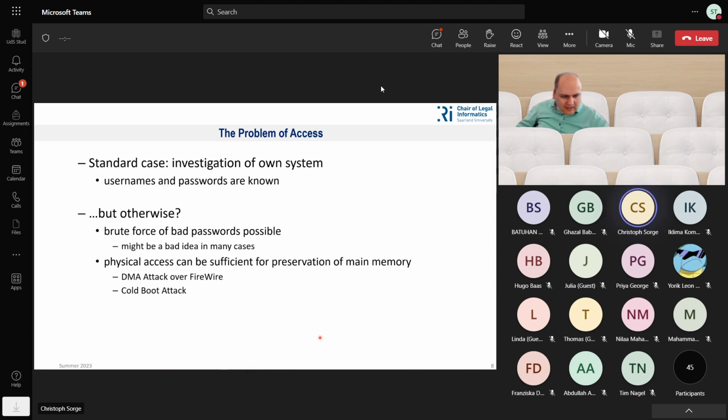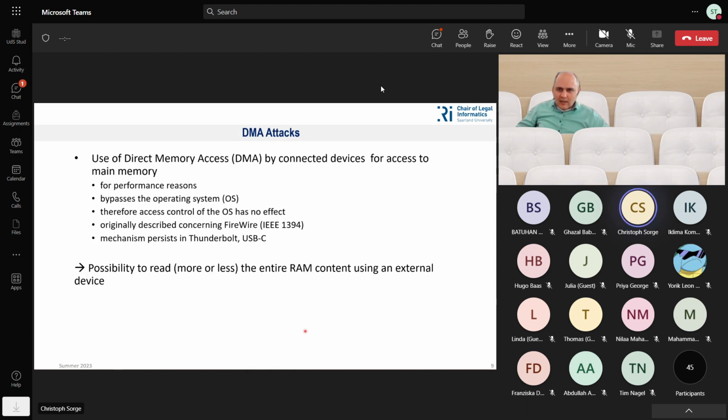So DMA stands for direct memory access. And basically it means a mechanism that allows direct access of any connected devices, any periphery of the computer, without having to go via the CPU.